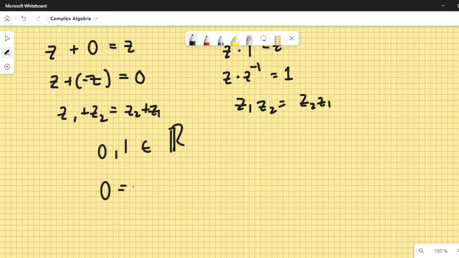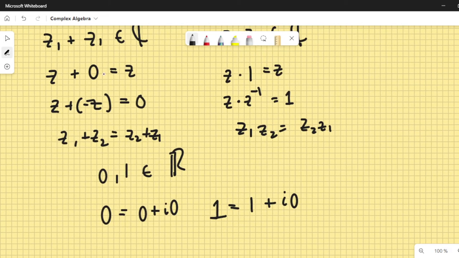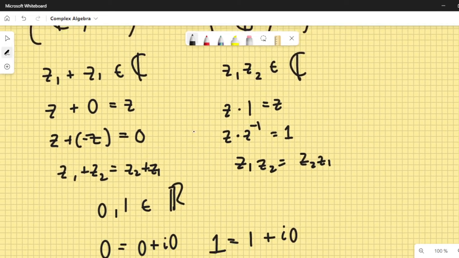Zero is just zero plus i zero, and one is just one plus i zero. So they are complex numbers as well. It's fine. They have the same identity and the same inverses, in the case of the real numbers.